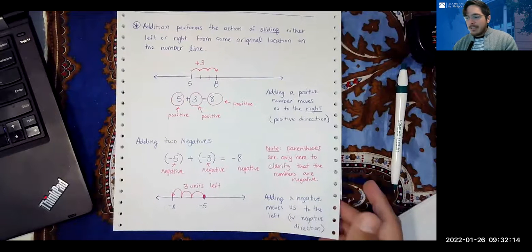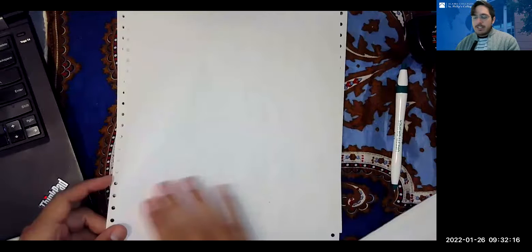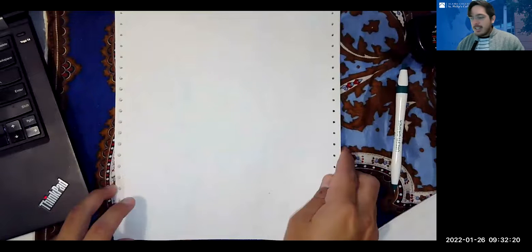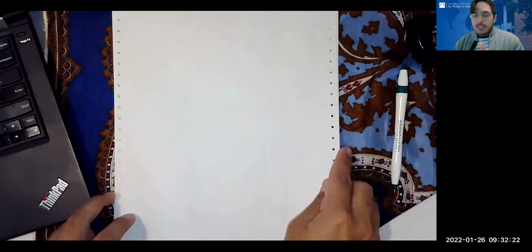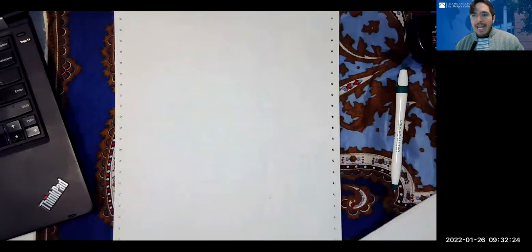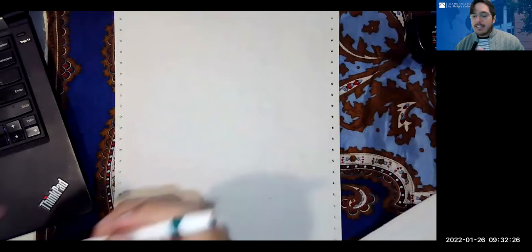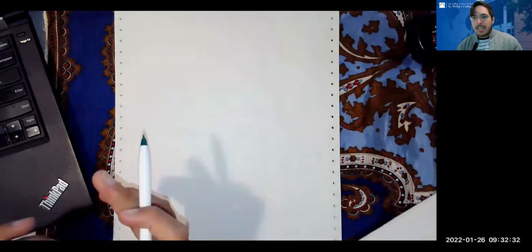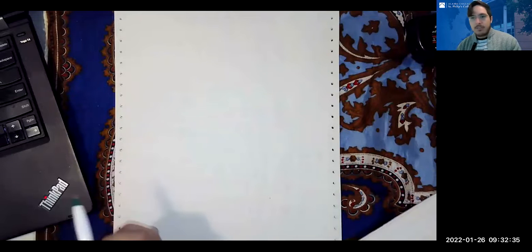So that might seem like a really silly set of examples, right? Especially if you're already pretty clear with the rules of addition. But I think that the issues that students will run into is whenever you're adding numbers that have different signs, right? So in those other examples, they had the same sign. We had +5 plus +3, and we ended up with a positive result.